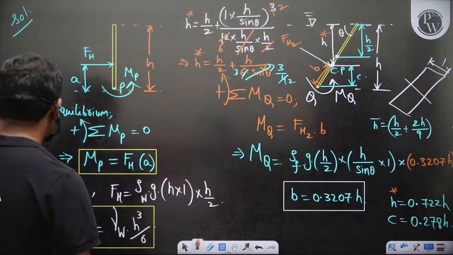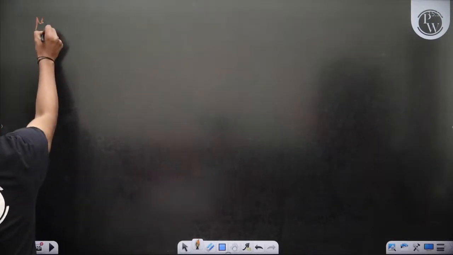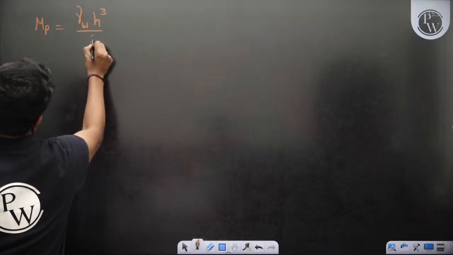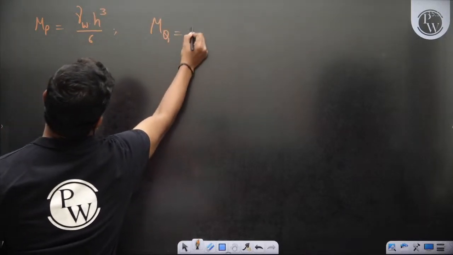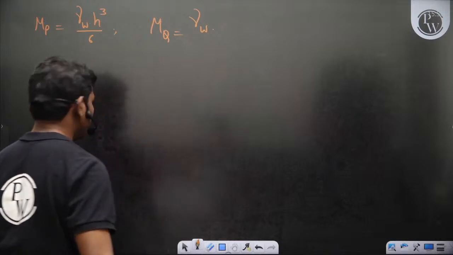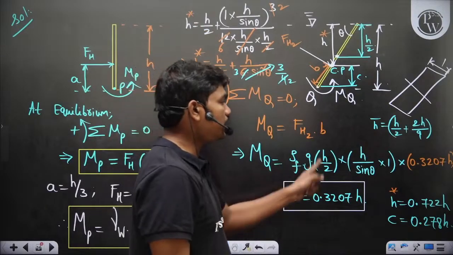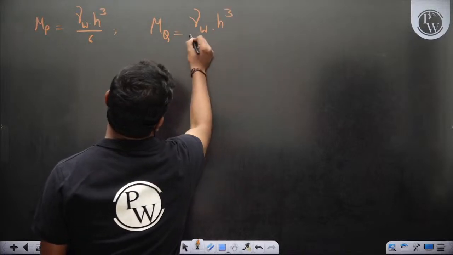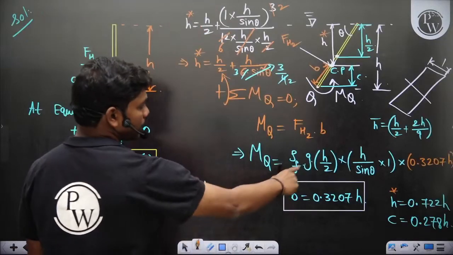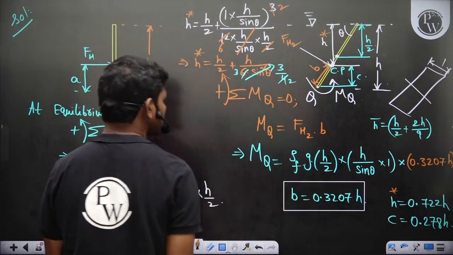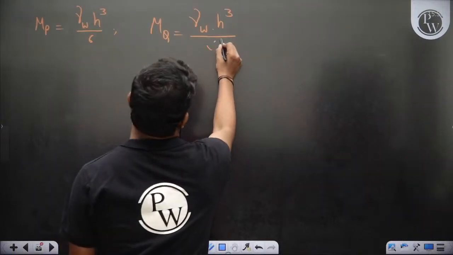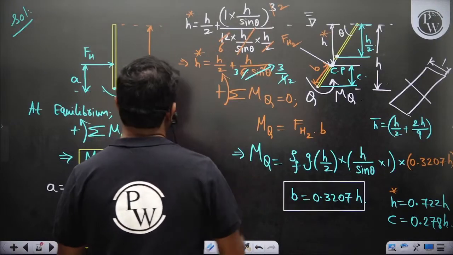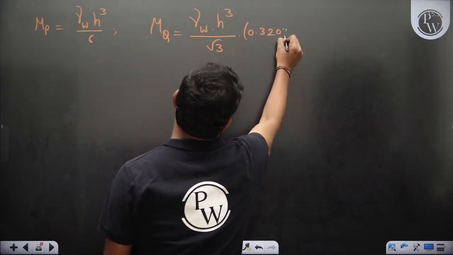So MQ. So first of all, MP is equal to gamma W h cube by 6. MQ is also going to be gamma W into h cube by 2 times sin theta. So 2 times sin theta is root 3, 0.3207 whatever. That's all.